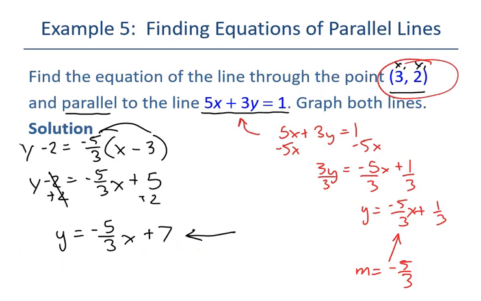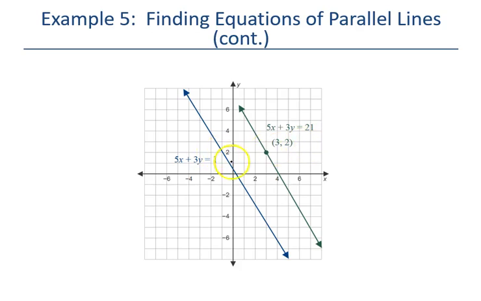Let's take a look at the graph. And here we have it. We can see that our first line goes through right there at (0, 1/3). If we continued this line up, which I wish they had on this one, we can see that this is going to go through at (0, 7). And that's exactly how this is going to keep working.